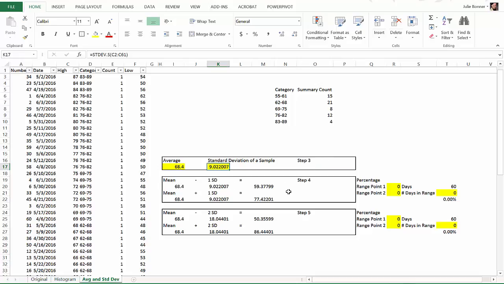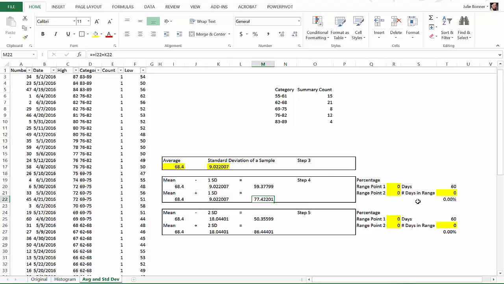Step 4 is to take that mean and add or subtract 1 standard deviation. Okay, so my mean, my average of 68.4 minus the 1 standard deviation of 9.022, that gives me 59.377. And then I take my mean as well, and I add 1 standard deviation, and that gives me 77.422.